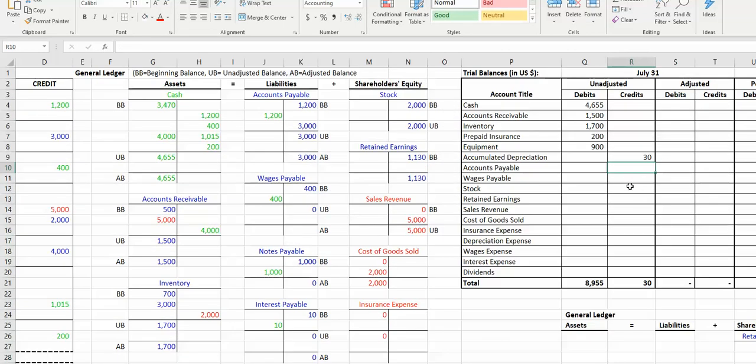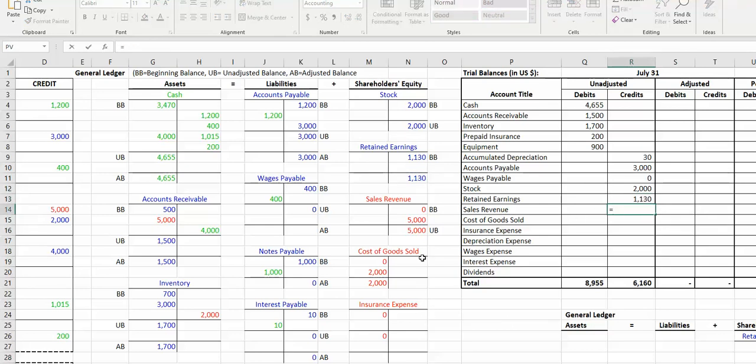And then we pick up our liabilities. They all have normal credit balances. This is stock. I don't have, by the way, the notes payable and the interest payable because we paid them off. Got retained earnings.